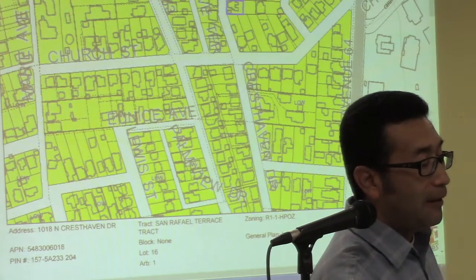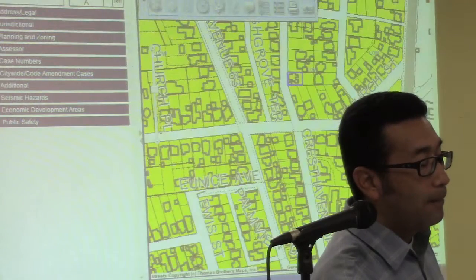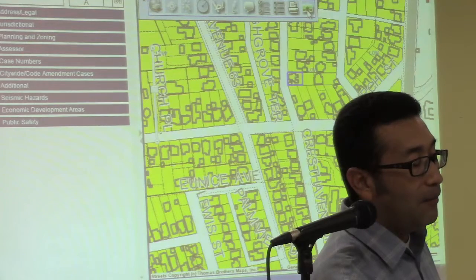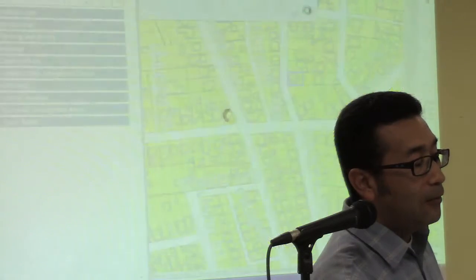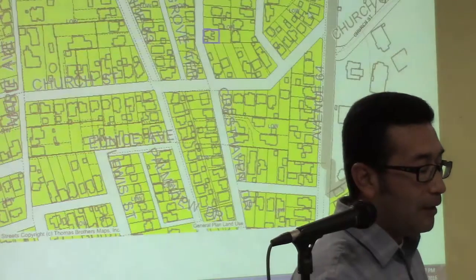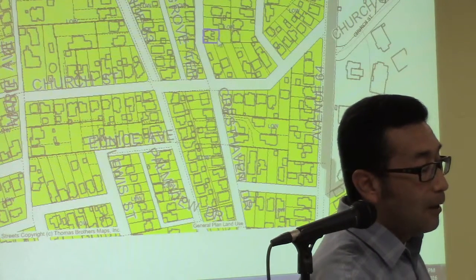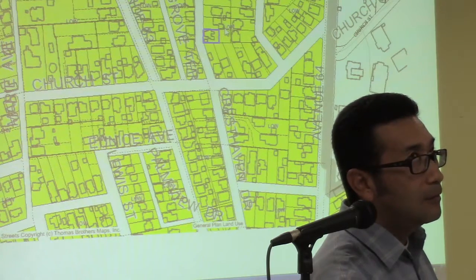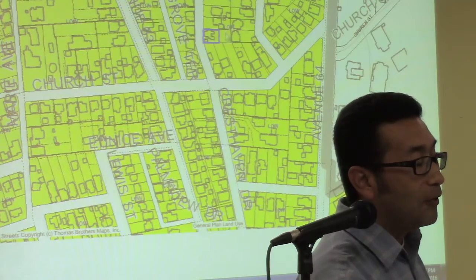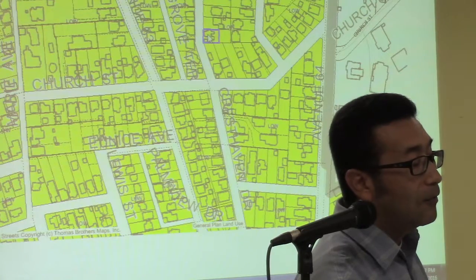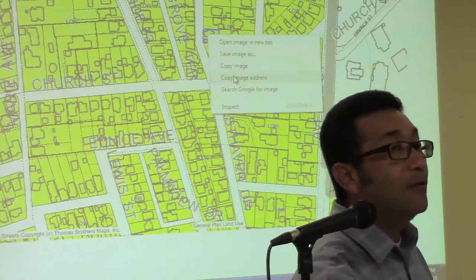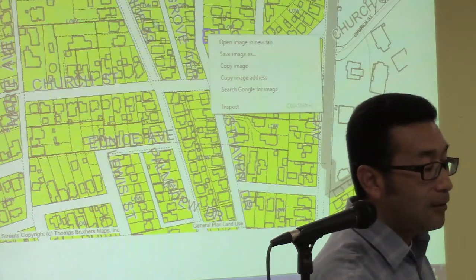The other one takes a snapshot of the map itself, in a graphic format. If you want to include it in your report, you can right-click, copy, and paste it onto your project. As simple as that.